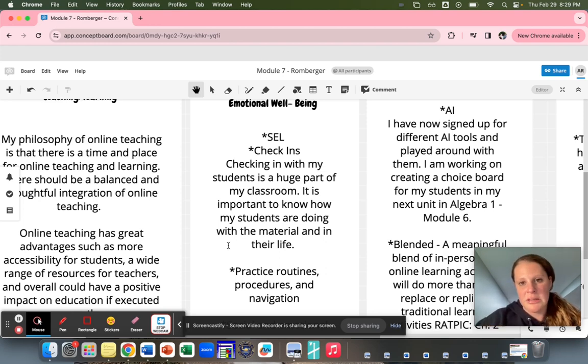So those check-in screens that I have on a synchronous or asynchronous day, I do both of those days. We have a few asynchronous days in my district, usually on the days where the teachers have our professional development, the students have an asynchronous day, and I always start off with a check-in. And it usually ends with, well, what are your goals? And I feel like that helps students get into that reflecting piece of the SEL.